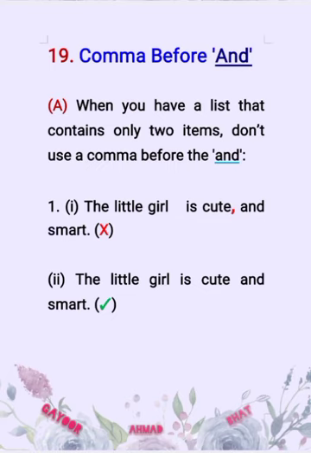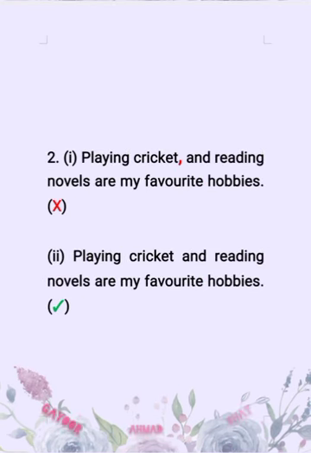Number 19, use of comma before and. Friends, when we have a list that contains only two items, we don't use a comma before the and. For example, the little girl is cute and smart. A comma is not needed. Similarly, in the sentence, playing cricket and reading novels are my favorite hobbies, once again, the comma is unnecessary.